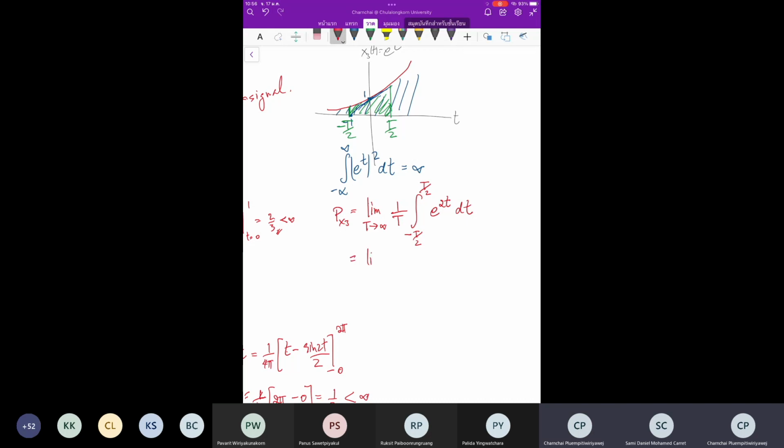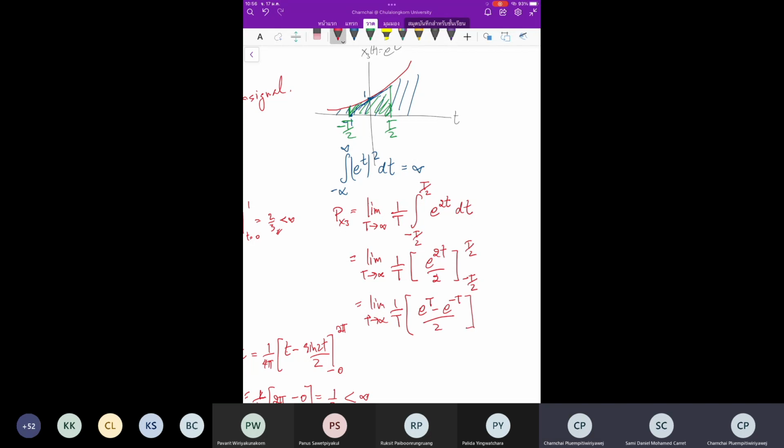So we have the limit as T goes to infinity, 1 over T. We take the integral of e to the 2t, we got e to the 2t over 2, from -T/2 to T/2. So we got the limit as T goes to infinity, 1 over T, e to the capital T minus e to the negative capital T over 2.